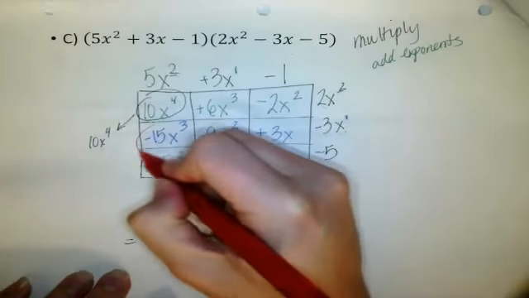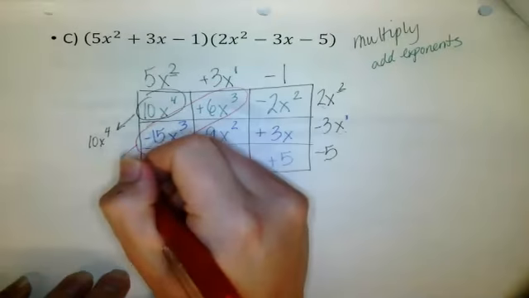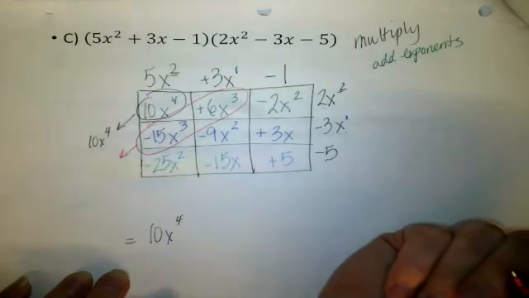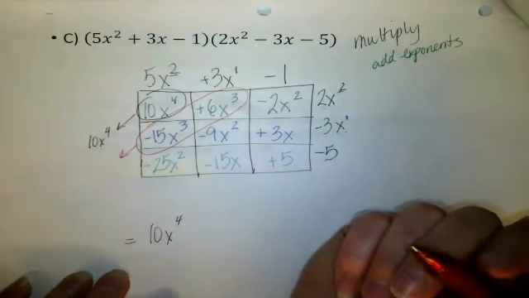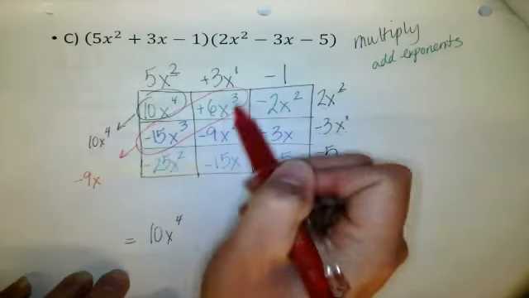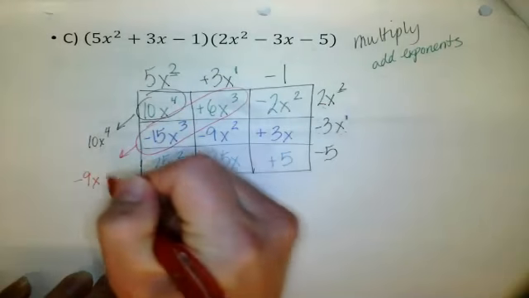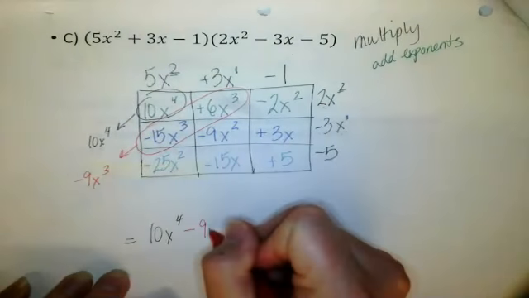We have negative 15x cubed plus 6x cubed, which is negative 9x cubed.